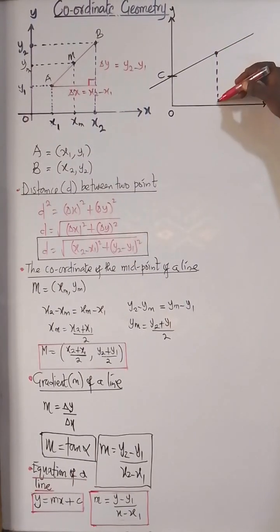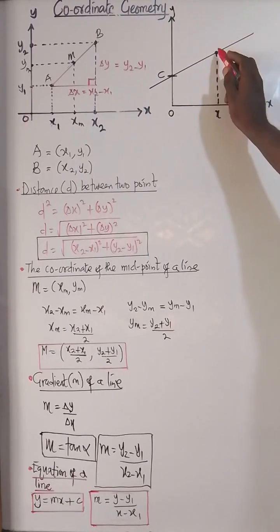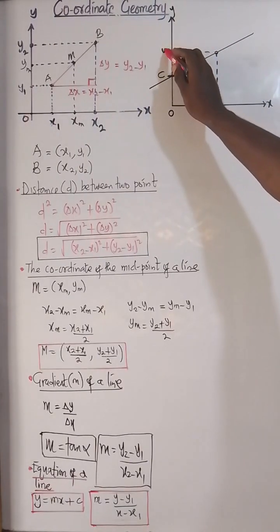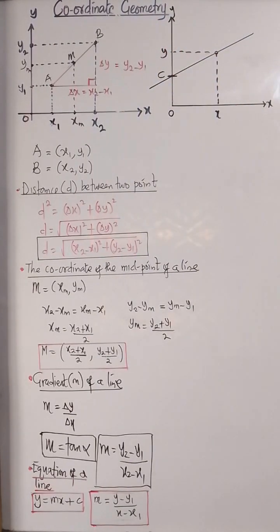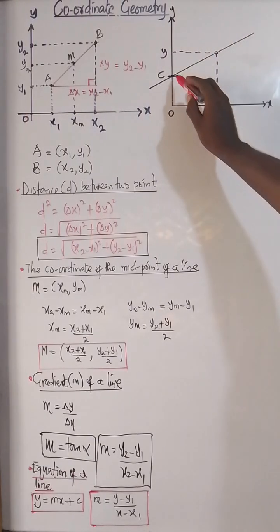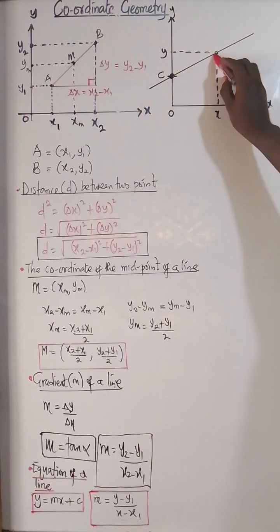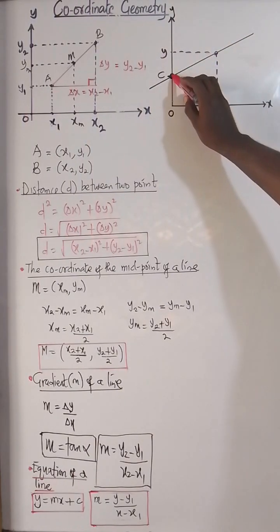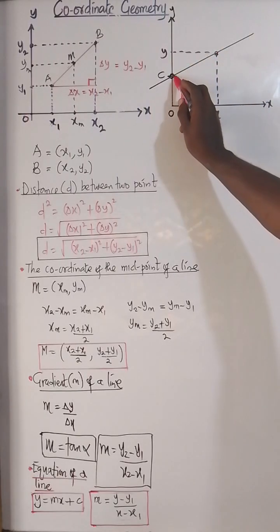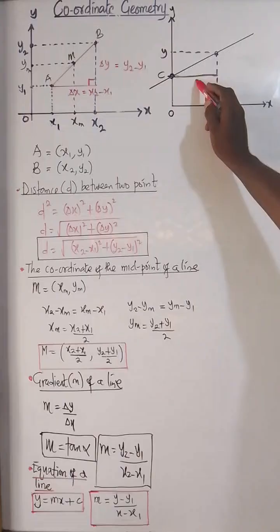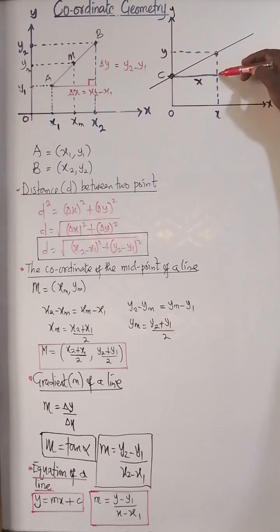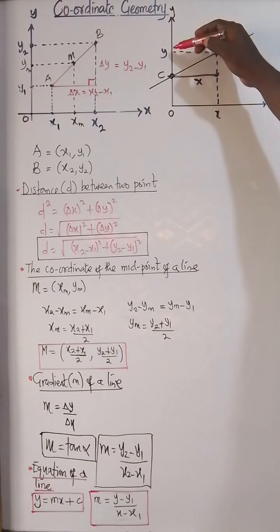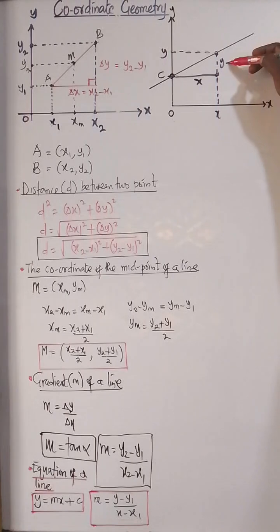Let's consider an arbitrary point on this line. Let's call it x, y. We don't want to put the values there. Let's choose a point and move from here to here. Along the x-axis, the change in x is x minus 0, which is x. Vertically it moves from here to here, and the change is y minus c.